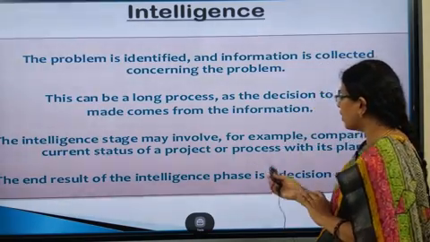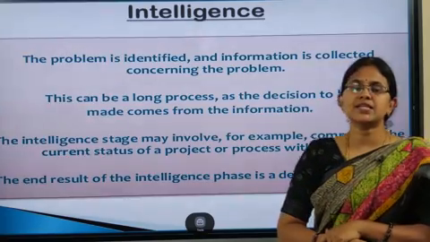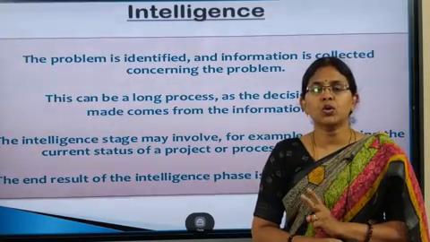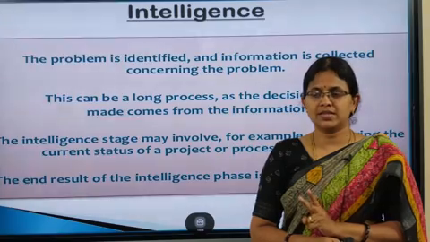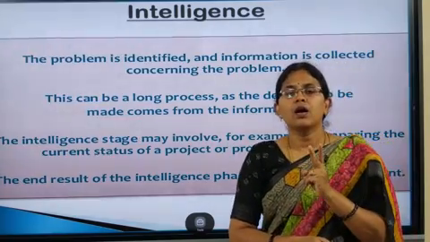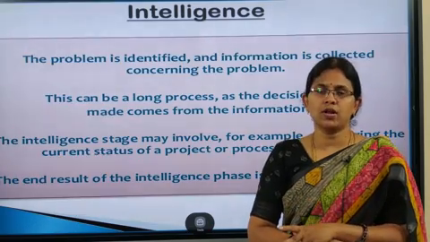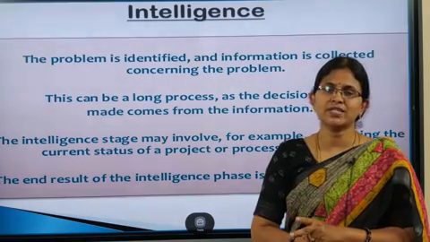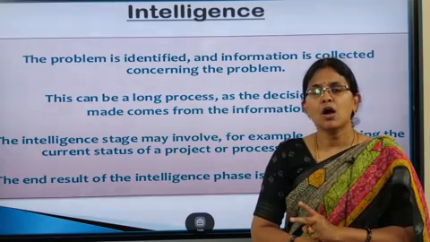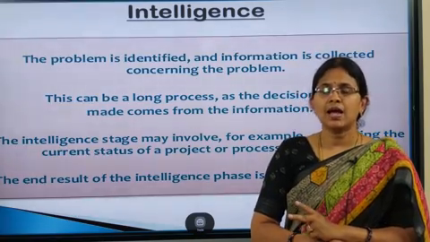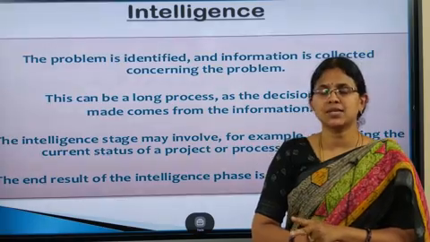The intelligence phase also has two steps: the first is problem identification, and the second is problem searching.